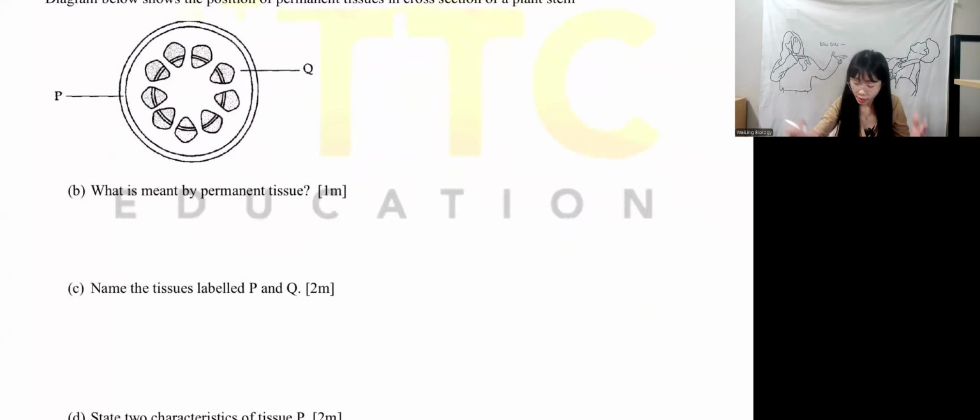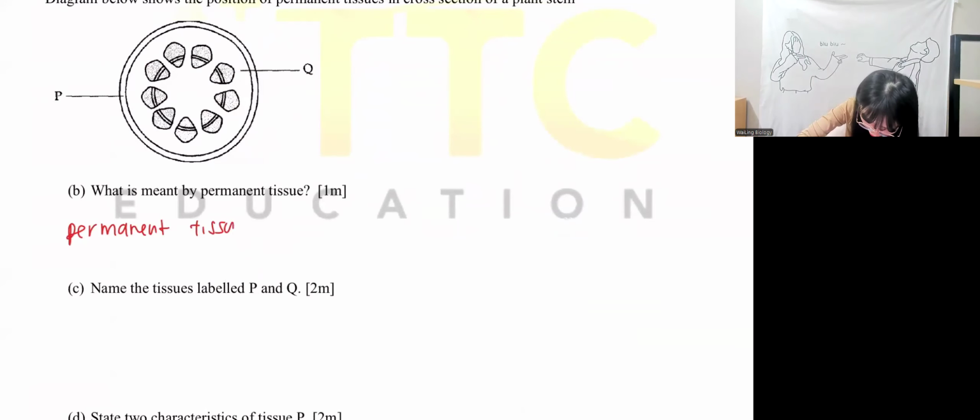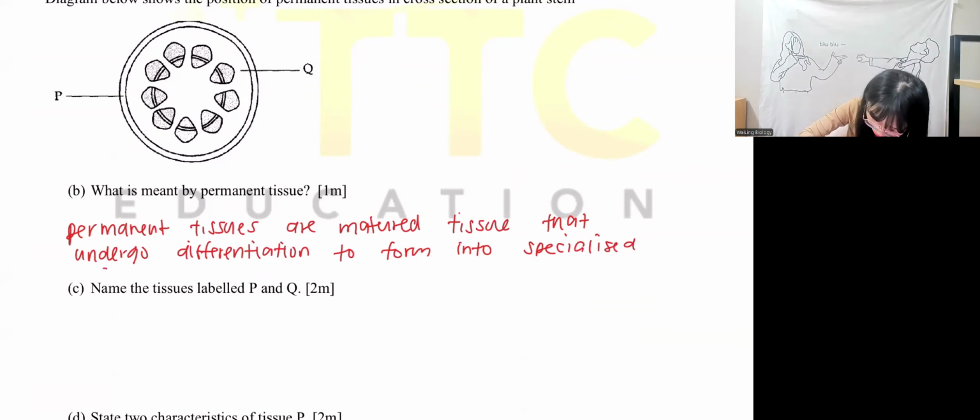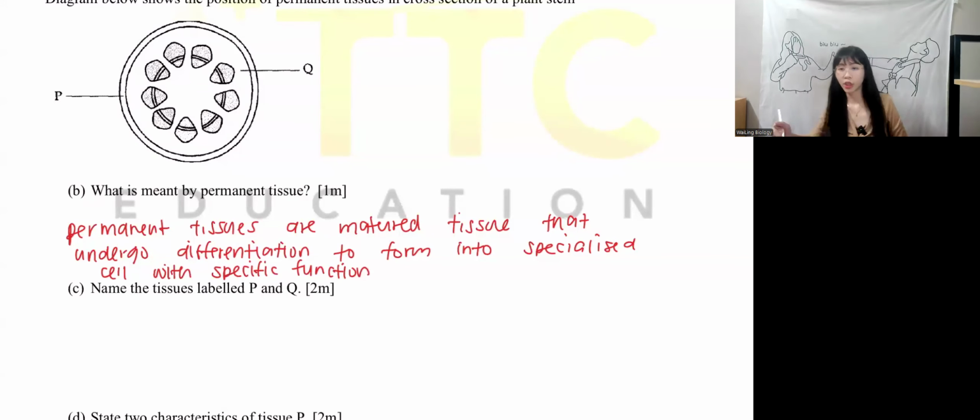So we put it into a sentence. Permanent tissue are mature tissue that undergo differentiation to form into specialized cell with specific function.